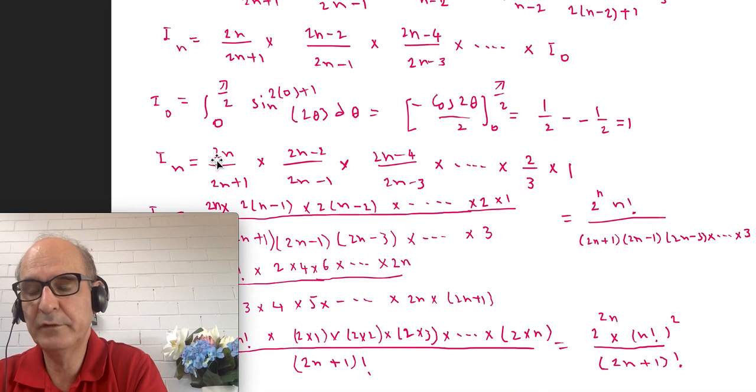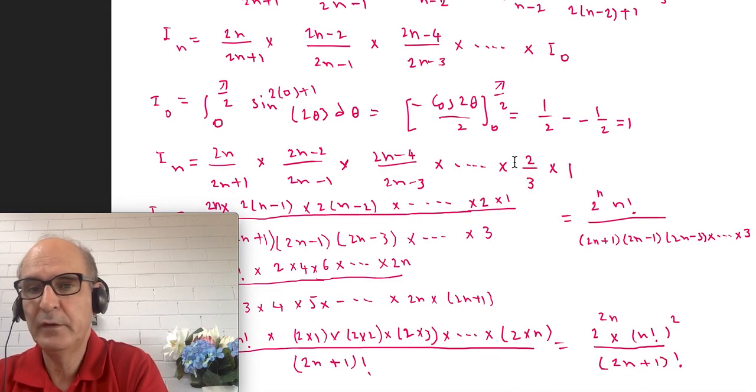So that becomes our I_n. And we don't use that formula for I_0, because that will not work for I_0.